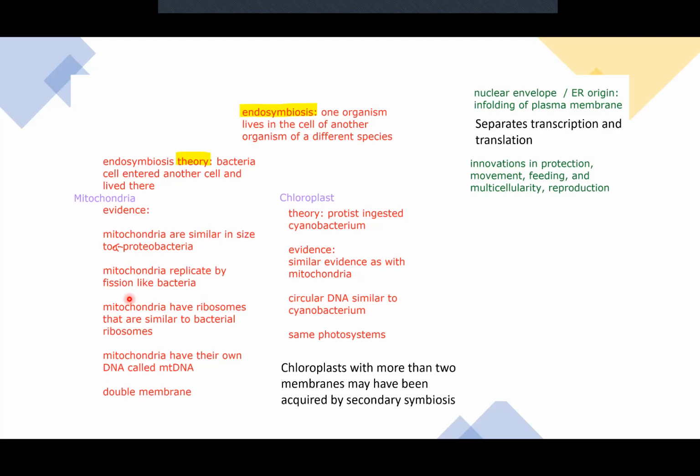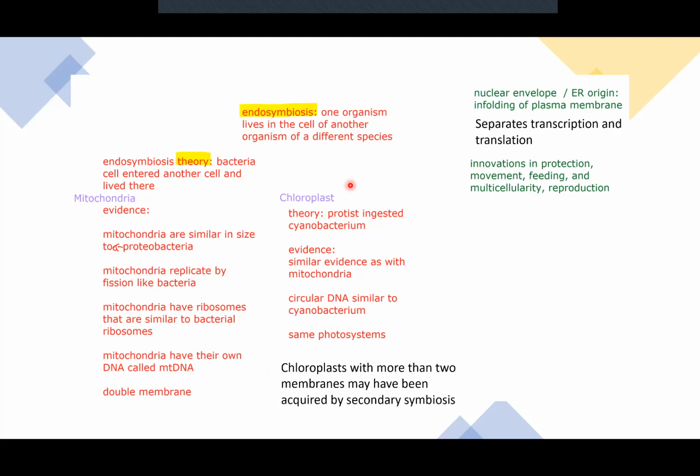They replicate by fission like bacteria. They have ribosomes that are similar to bacterial ribosomes. They have their own DNA called mitochondrial DNA, and they have a double membrane. So endosymbiosis theory suggests that mitochondria came from a bacteria cell which entered another cell.